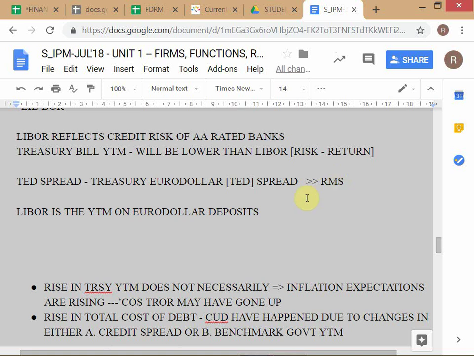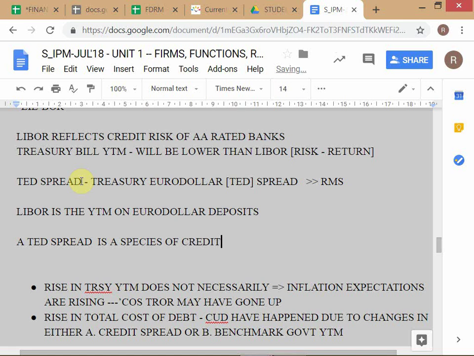So the TED spread is basically a general term for any kind of difference. Let me write it this way: a TED spread is a species of credit spread.